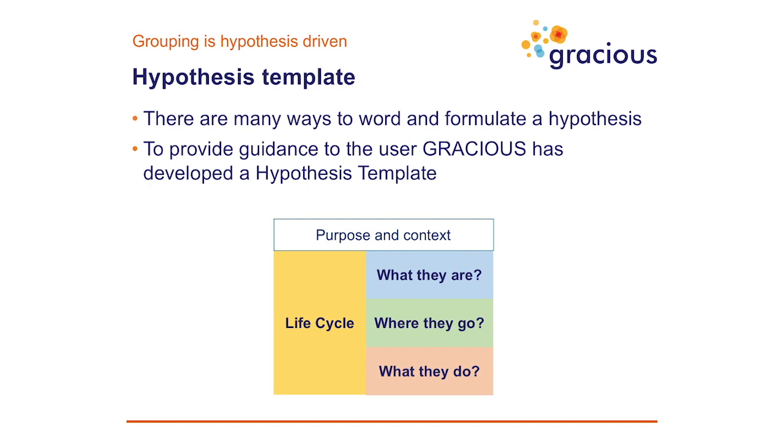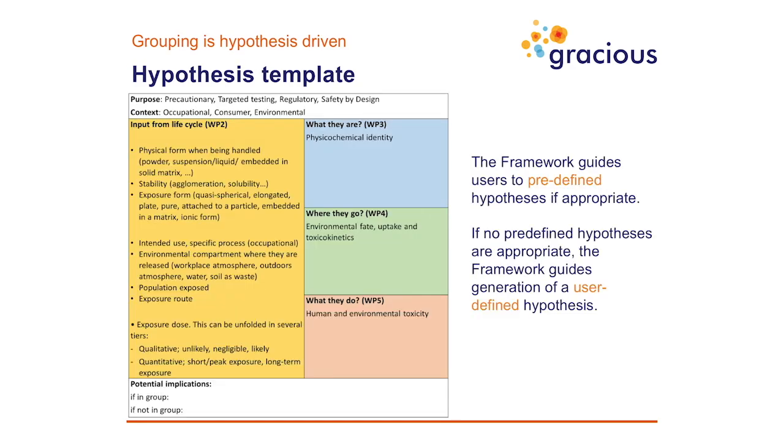As we were generating the hypotheses for the framework, it became apparent that we needed some way of controlling the content and formulating these hypotheses. And so we generated a template in order to make sure it was done in a structured manner. This template describes along the top the purpose of the grouping, so whether it's for a precautionary approach, whether it's to guide targeted testing, whether it's for regulation, or whether it's for safe by design.